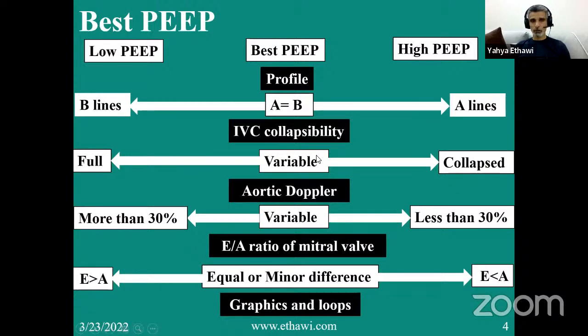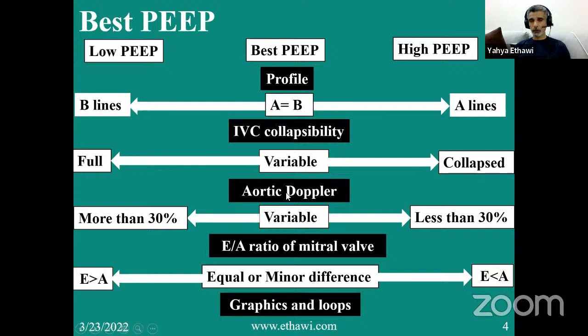That's normal. When it becomes non-collapsible and always full during systole and diastole, then you're probably getting low PEEP. But if it is always collapsed, you never open, or you open very slightly, especially if the inferior vena cava on coronal view becomes ellipsoid in shape, then probably you have high PEEP.